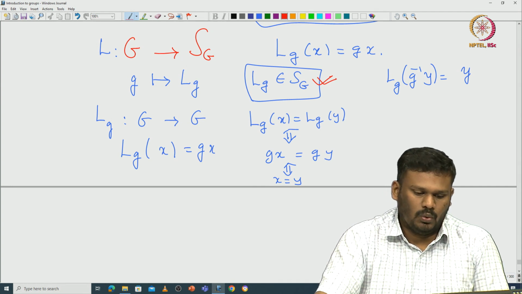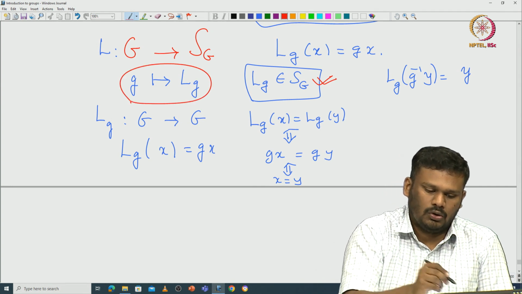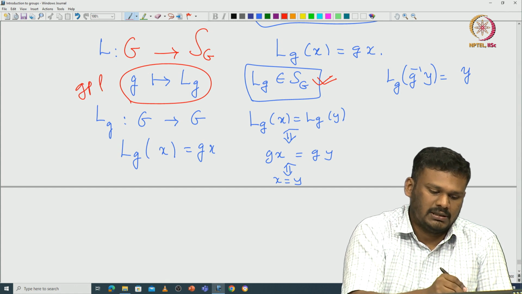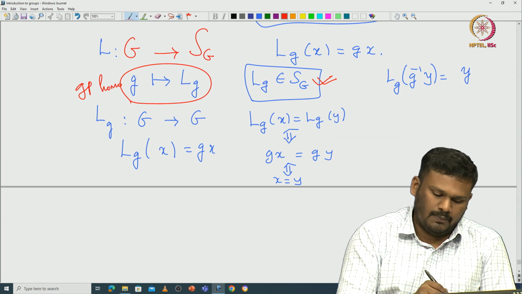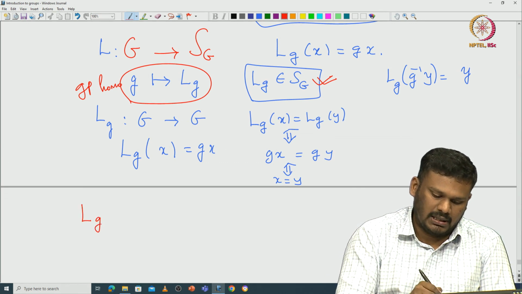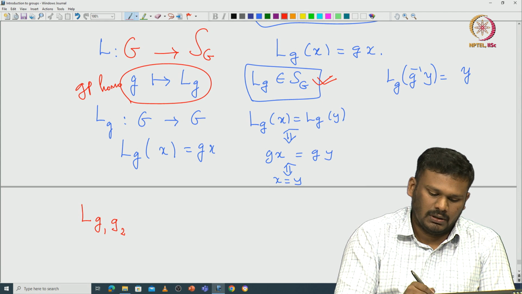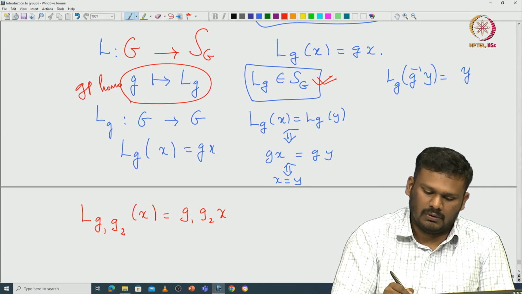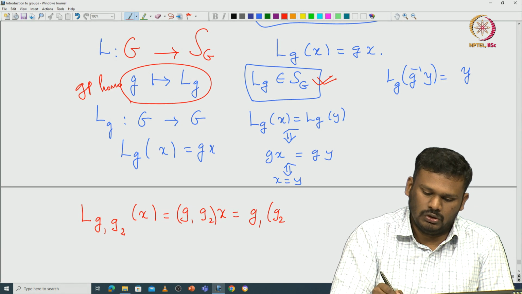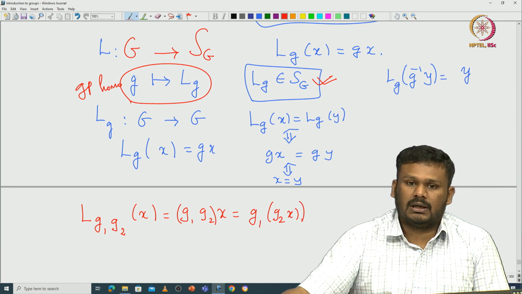Now, why is this association a group homomorphism? You compose them. Let us take LG1 composed with LG2 applied to x. Then what is it? It is G1 times G2 x. But this you can write as G1 times (G2 x).